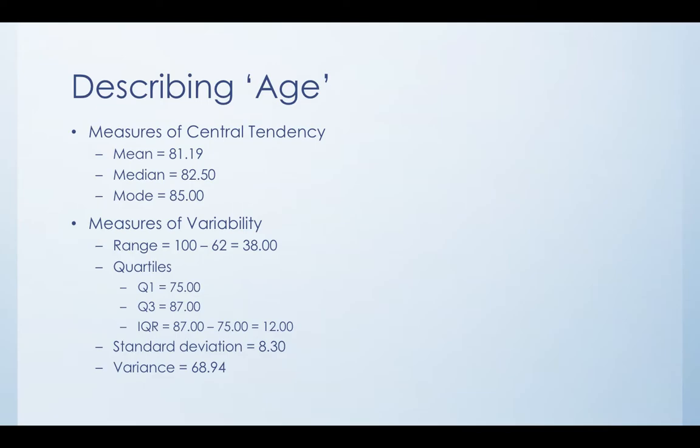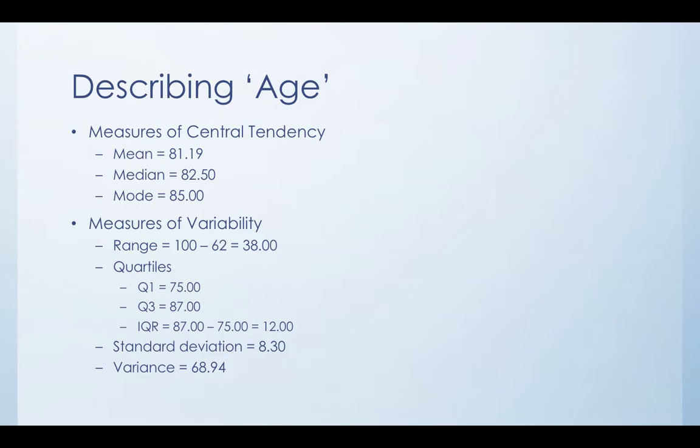Q3 is 87. That tells me that approximately 75% of the ages are below 87, and about 25% are above 87. The IQR gives me the range of the middle 50% of the data. So we have a range of about 12 for the middle 50%.